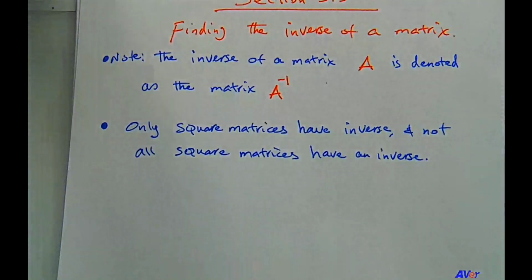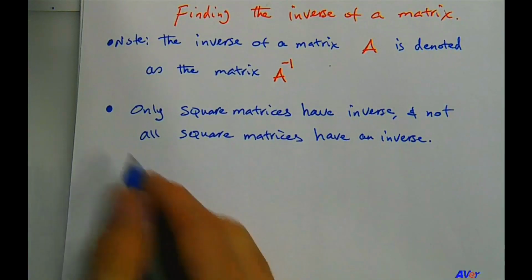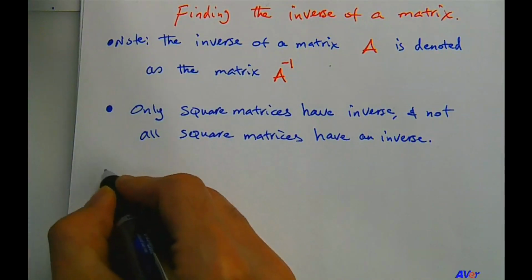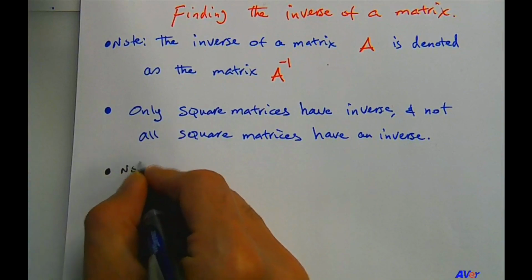Okay, so suppose a matrix does have an inverse, then what about it? So let's give a note on that.